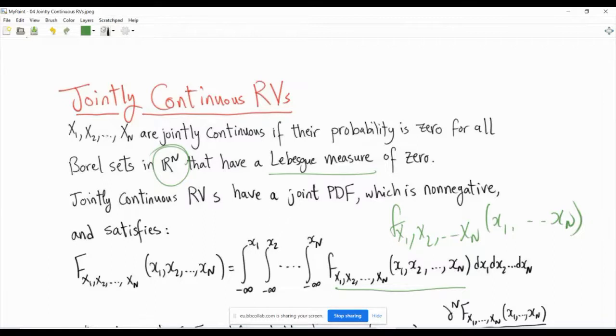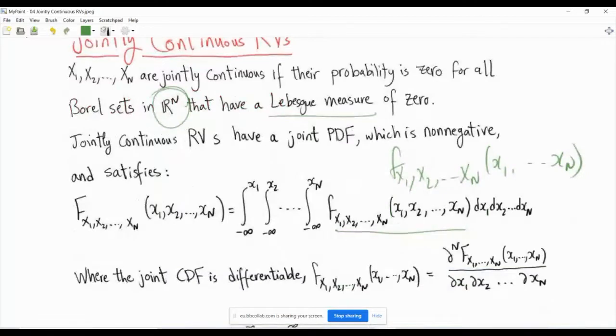And you can obtain the CDF from this function via integration. Again, it's a generalization of the one random variable case. If you want to find the joint CDF, which is the probability that x1 is less than or equal to small x1 up to xn less than or equal to small xn, how can you obtain it?